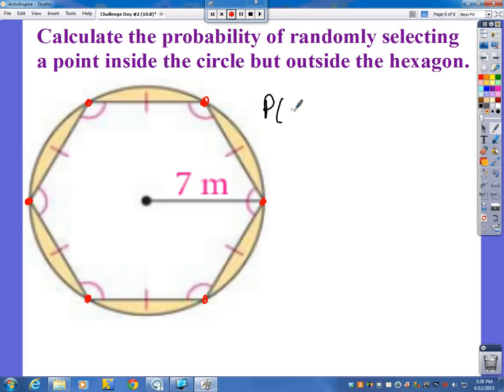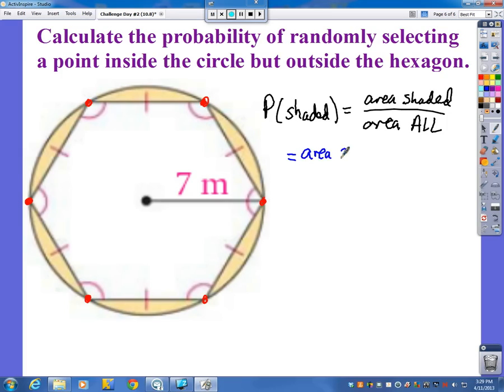If we want to find the probability of the shaded region, we again want to find the area of the shaded region and divide it by the area of everything. And let's get a little bit more specific now. The area of the shaded region is really the area of the circle minus that hexagon.